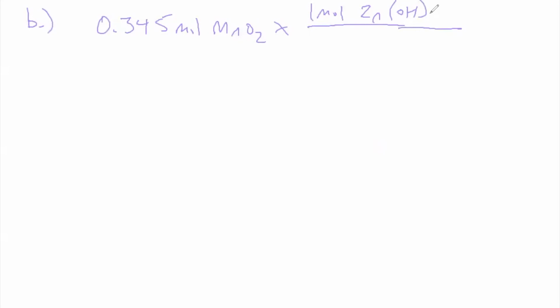So they're asking for the mass of zinc hydroxide produced. We had moles of zinc, we had moles of manganese dioxide. We will always use the moles that's limiting, that runs out first. So we'll use moles of MnO2. And we're going to convert to moles of zinc hydroxide using the molar ratio in the equation. For every 1 mole of zinc hydroxide, you need 2 moles of manganese dioxide.